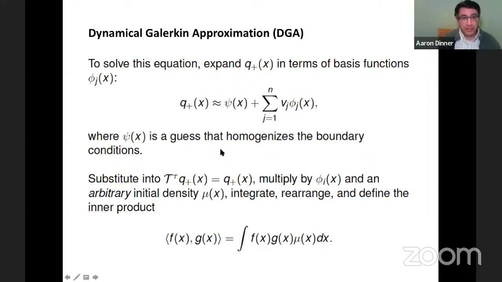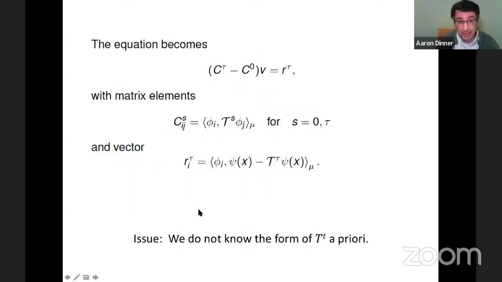Okay, and then what we do is we proceed very similarly to what we would do if we were setting up the secular equation in a quantum mechanical problem. We take this basis expansion, we substitute it into the operator equation, we multiply by another basis function, and then we integrate to form inner products. And if we do that, we convert this operator equation into a linear algebra problem, just like quantum mechanics again. Okay, but here everything, of course, is classical stochastic.